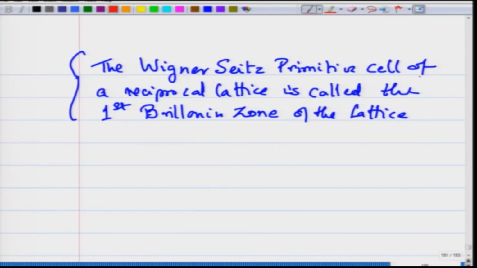The Wigner-Seitz primitive cell of a reciprocal lattice is the first Brillouin zone of the lattice.